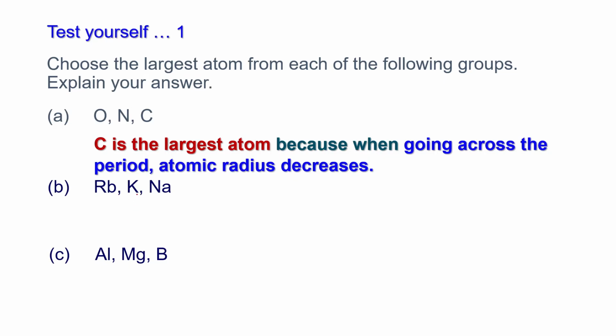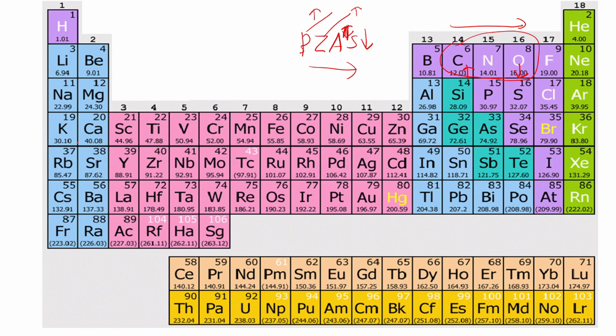Rubidium, potassium and sodium. So, rubidium, potassium and sodium are elements in the same group. Rb, K, sodium. So, down a group from sodium, potassium and rubidium. Just now we had P sus for across a period. Down a group we have P sus.